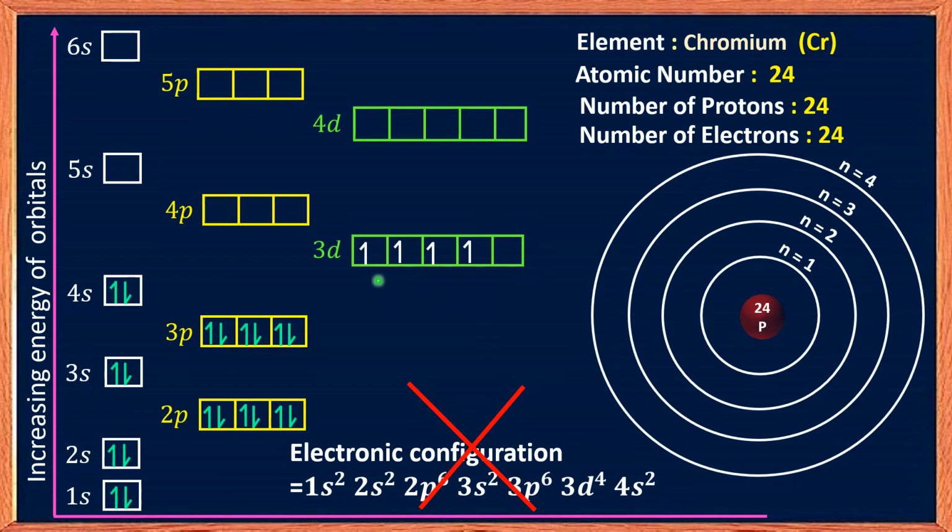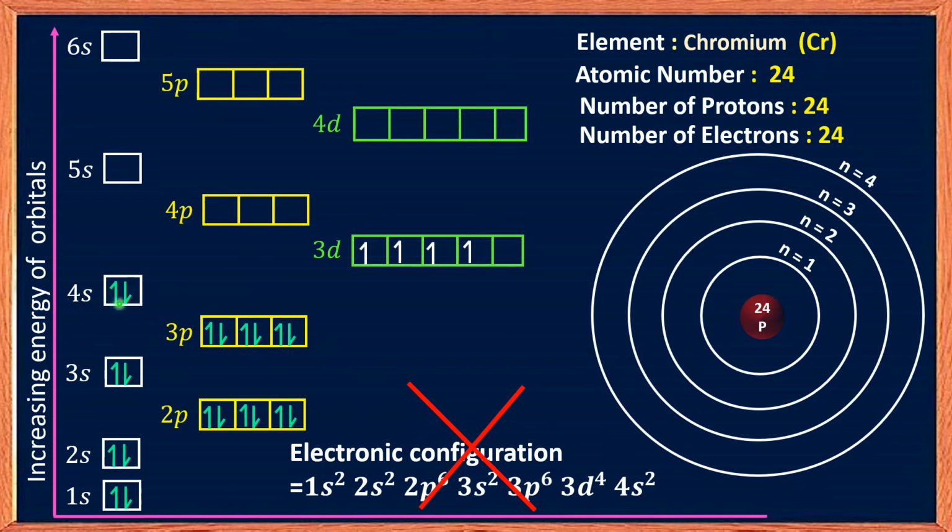That means all the 3d orbitals are half filled. When d orbitals are half filled or completely filled, the atoms will get some extra stability. So this is the usual electronic configuration, but it is wrong.